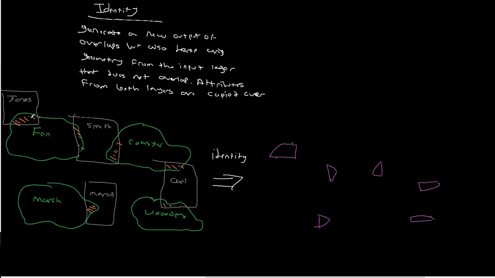And if we number them, this is 1, 2, 3, 4, 5, and 6. This is looking exactly like intersect at this point.